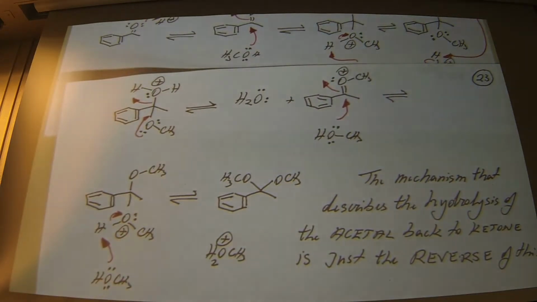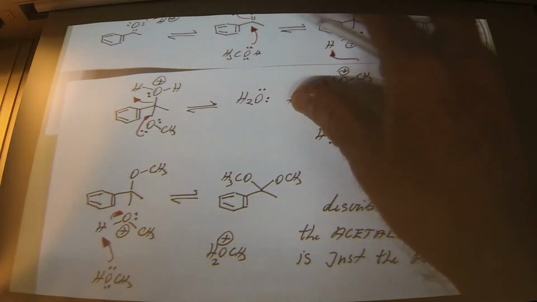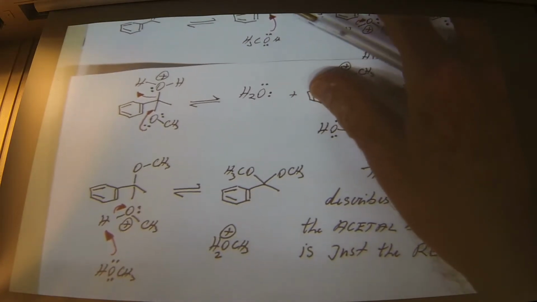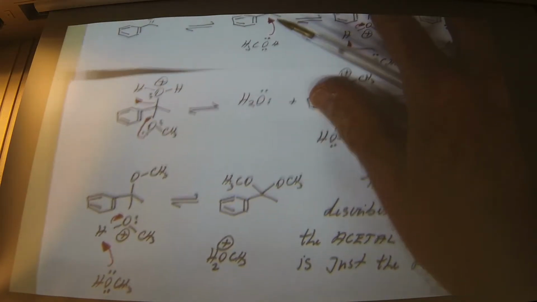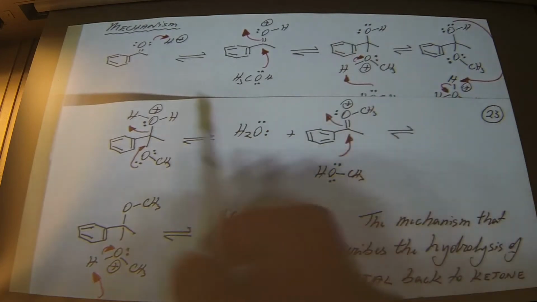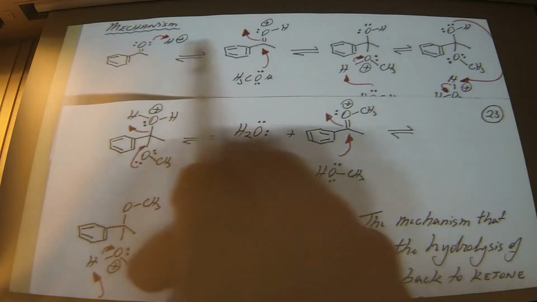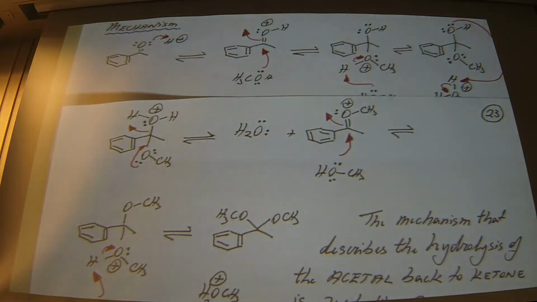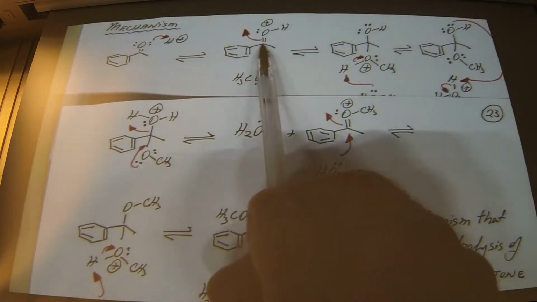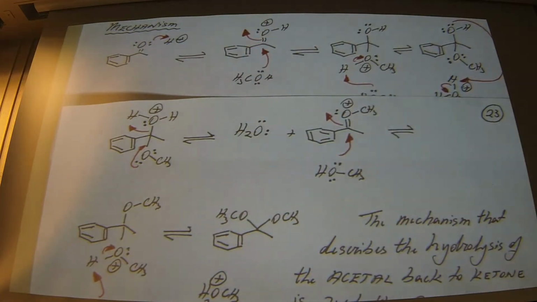So it's essentially the same as hydrate formation, and each of the steps should look completely logical to you, and nothing is really mystifying here. The fact is that it is fairly long. And so you have to remember that it always gets started by activation of the carbonyl. And once you remember that, the next step is nucleophilic addition, and the rest pretty much follows.